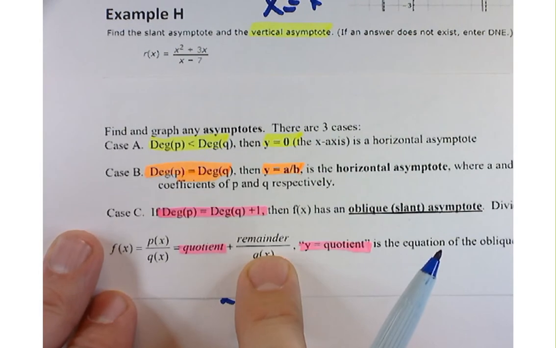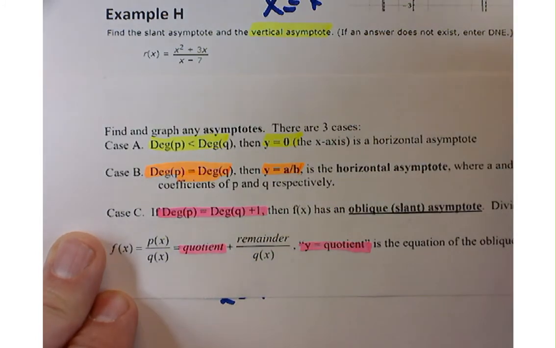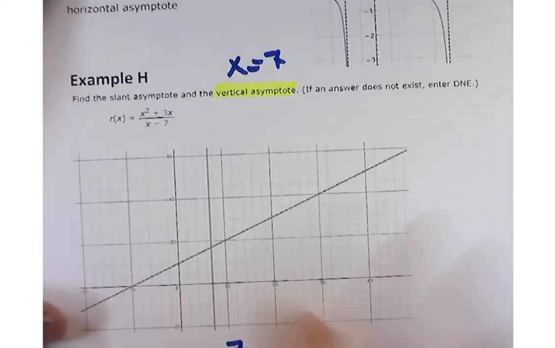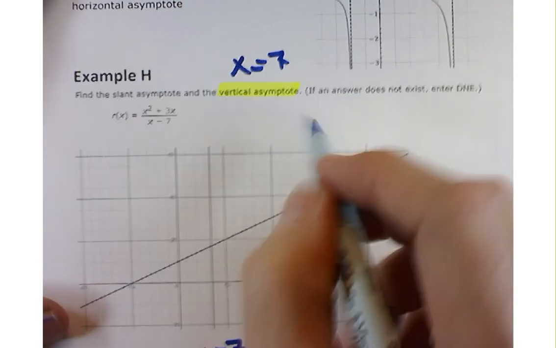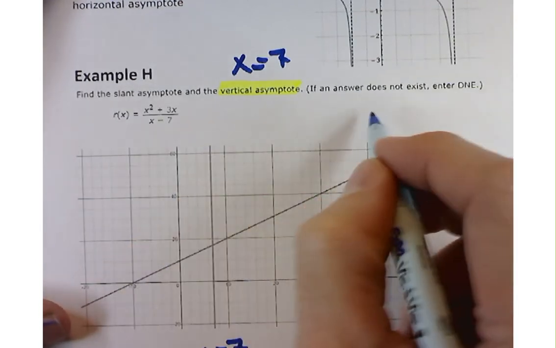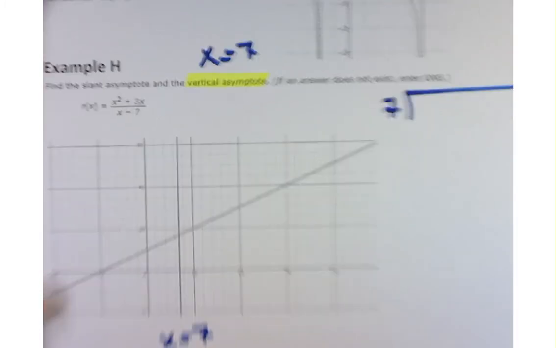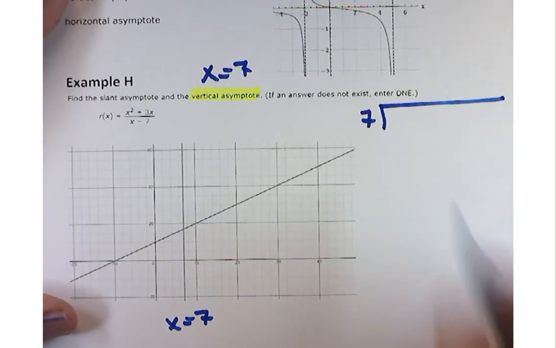Yeah, that one's C. So if it's case C, you've got to do some division. Now, fortunately, in this first example with division, it's pretty simple. You can use synthetic division. So if I use synthetic division, it's going to be 7. And then let's think about what I'm going to write underneath.